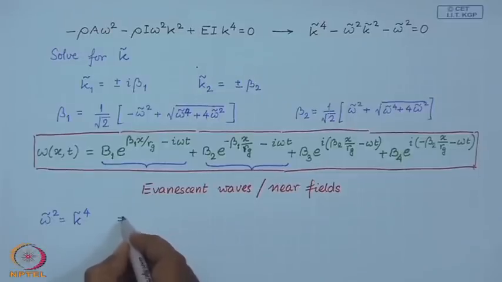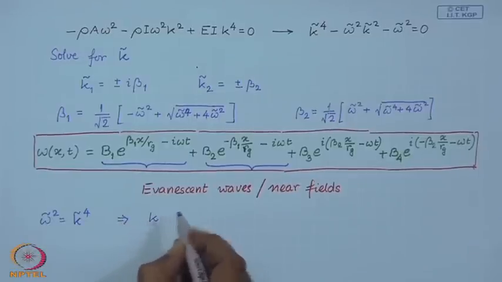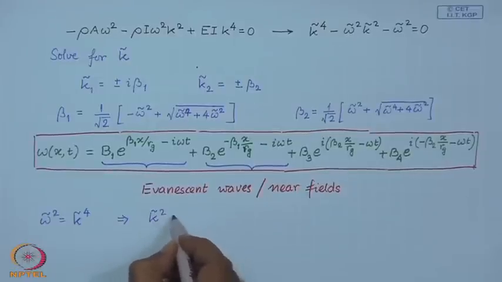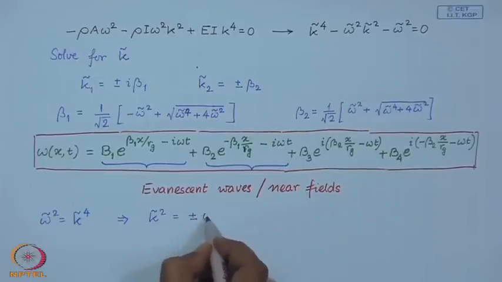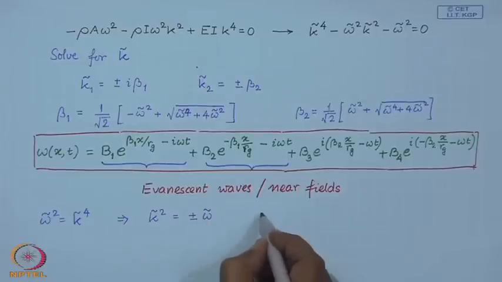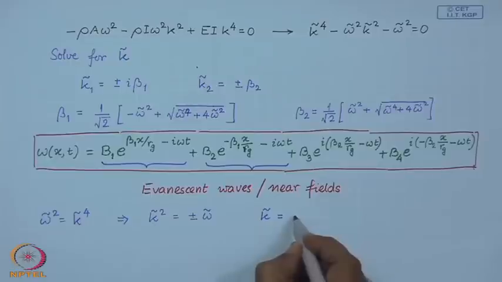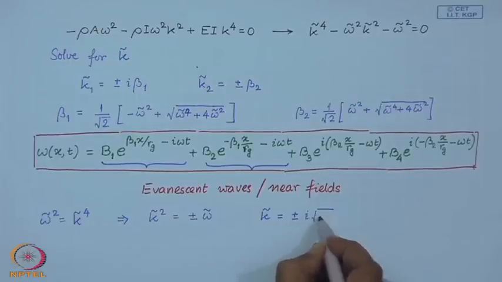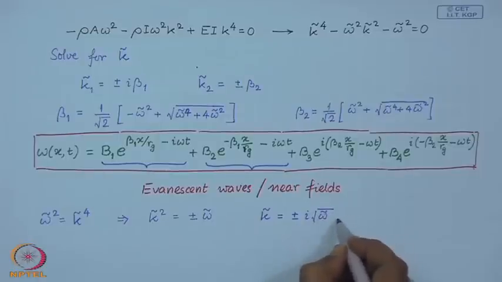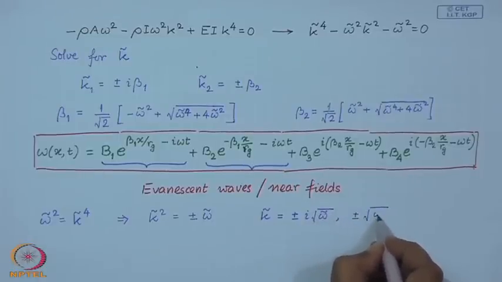So, k square is plus or minus omega tilde. Therefore, k tilde. So, again you have 4 solutions.